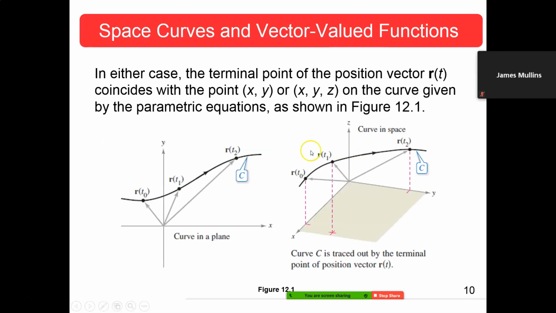Again, the arrowheads show the direction of increasing t. Here it is in a plane, there it is in space. So you're increasing from t0 to t1 to t2.